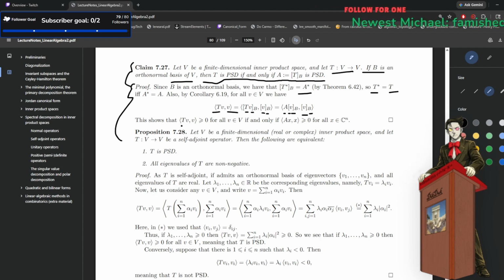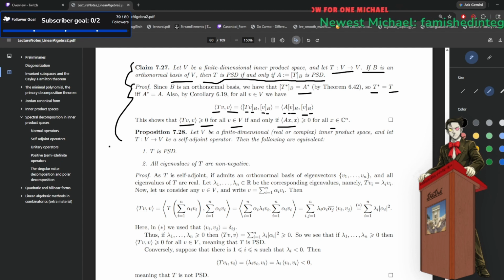This shows that the inner product of TV with V is greater or equal to 0 for all V in V if and only if the same thing applies to the matrix, for all X in the complex vector space which we're working with.